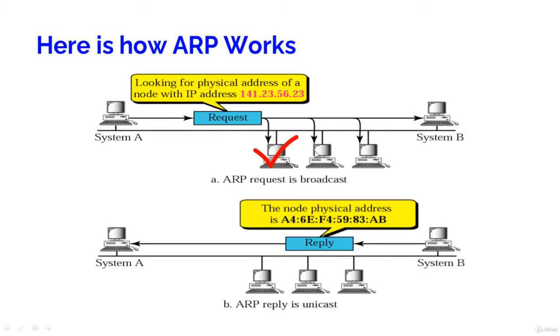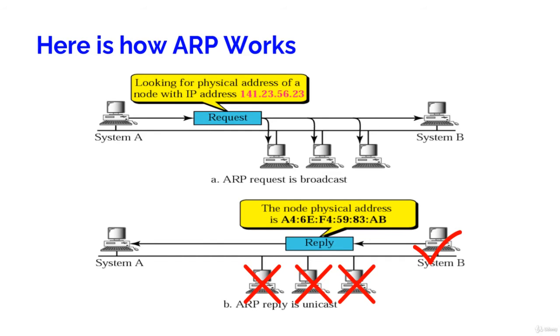So, as you can see in the picture, the request message is delivered to each and every PC on that network. Step 4. The message is received by each device on the LAN since it is a broadcast. Now each device compares the target protocol address the source is trying to communicate with against its own protocol address. So those who do not match will drop the packet without any action. Step 5.